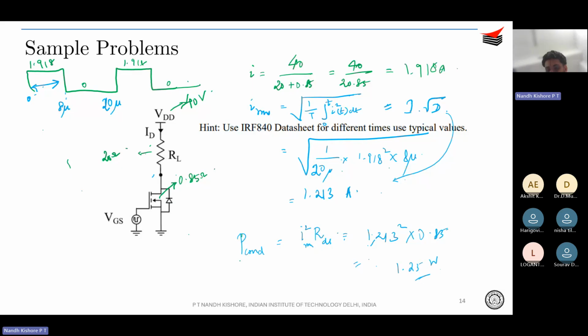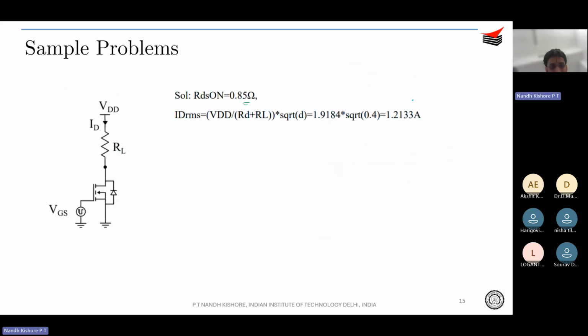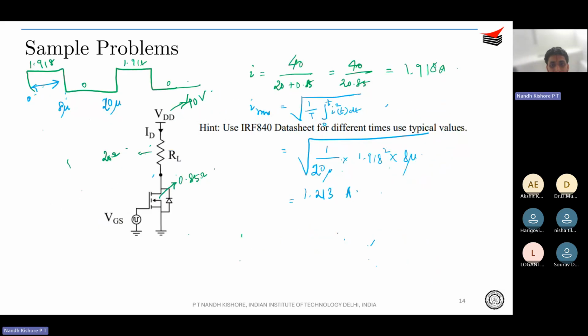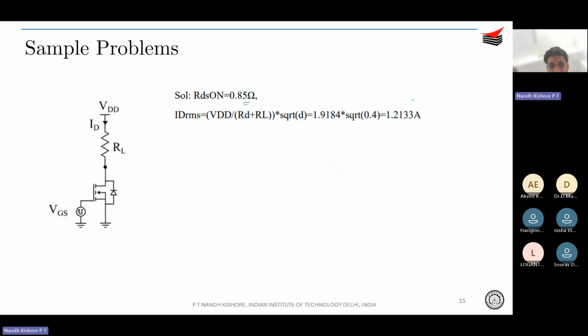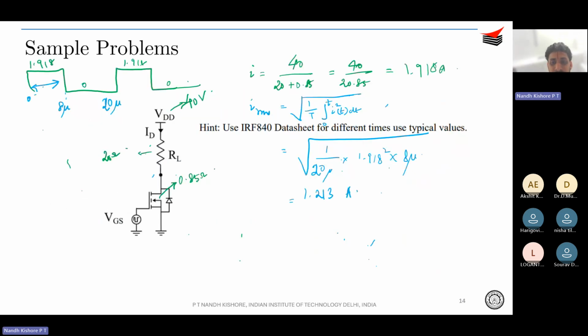Okay, so this is how you compute your conduction loss. So anyway, you understood, right? So P conduction is 1.25 watt. This is simply I squared R.